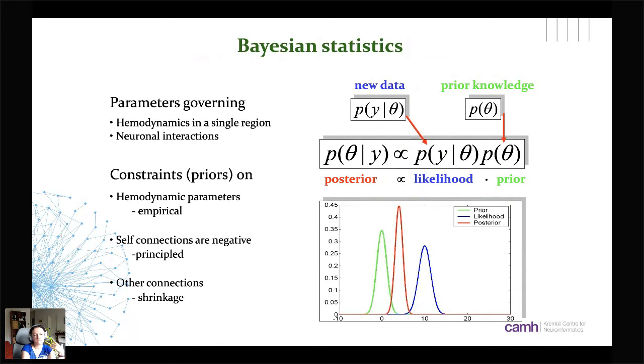And for the other effective connectivity parameters, we use shrinkage priors, where the assumption is that the variance is low and the mean is 0. So we need a lot of evidence to move away from 0, to be convinced by the data that coupling actually exists. So that's also a way to introduce regularization into your model.